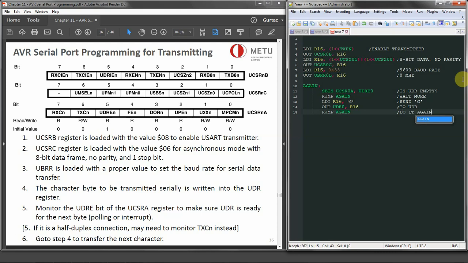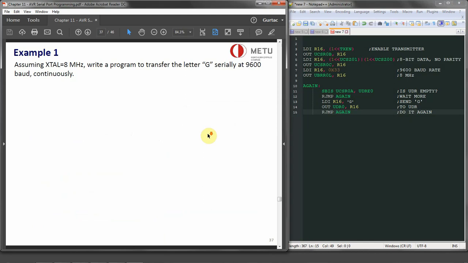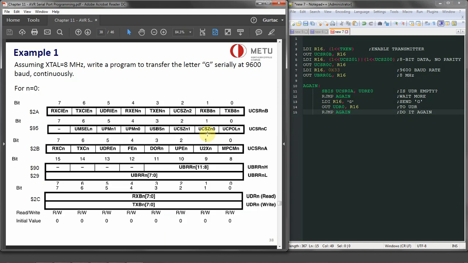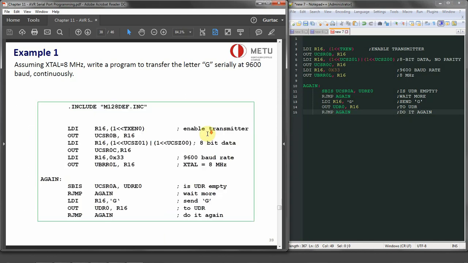This is a simple program, and we can set the UCSR0B, UCSR0C, and UBRR0, and we can monitor UDR and send the character G from the AVR pin. We can also do this using a C program.